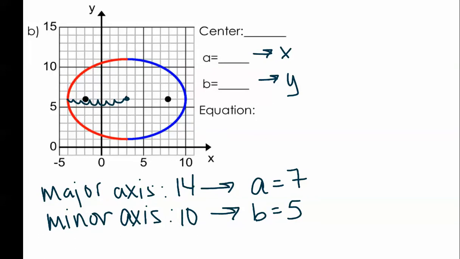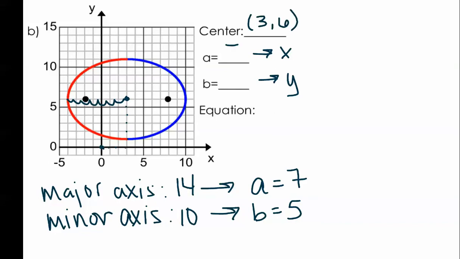So this ordered pair is my center. I have to find the origin. Be really careful because the origin kind of moves around on these graphs. So my center is 1, 2, 3 to the right, 1, 2, 3, 4, 5, 6. So my center point is at 3, 6.